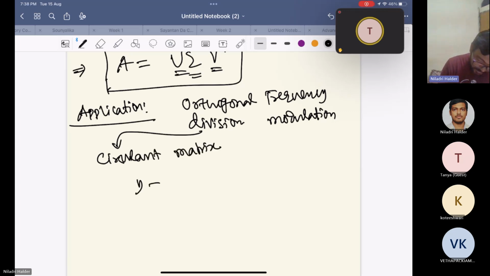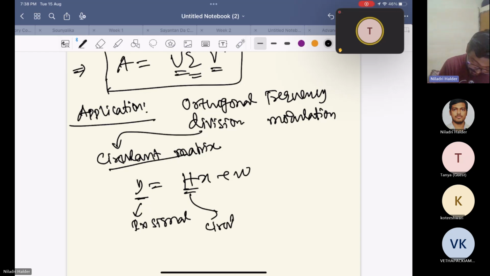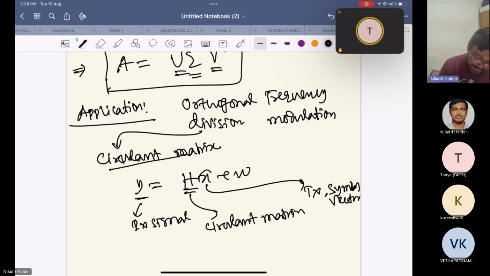That means y equals Hx plus w, where y is the received signal, H is this circulant matrix, x is the transmitted symbol vector, and w is the additive noise at the receiver. This is the overall idea, not the exact thing. Our job is to estimate x using y.